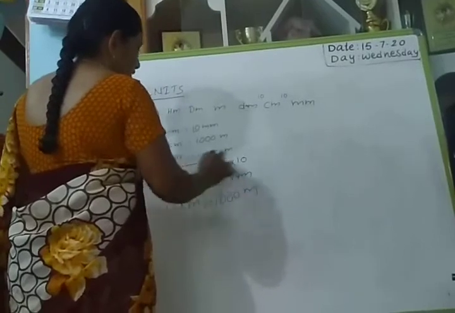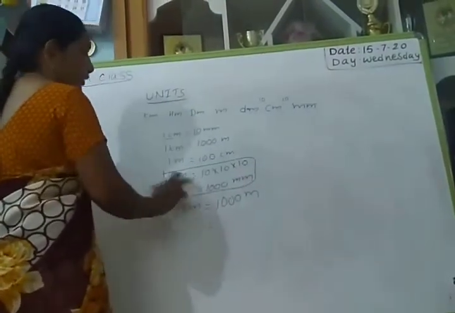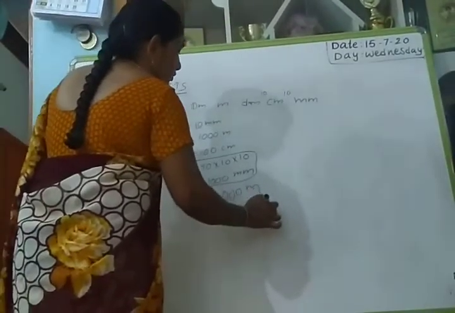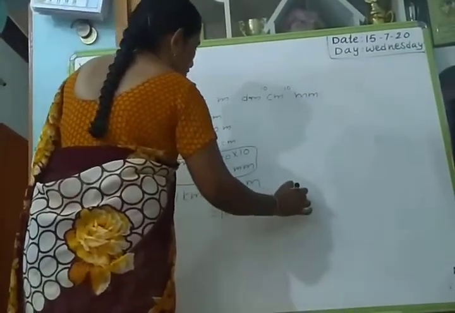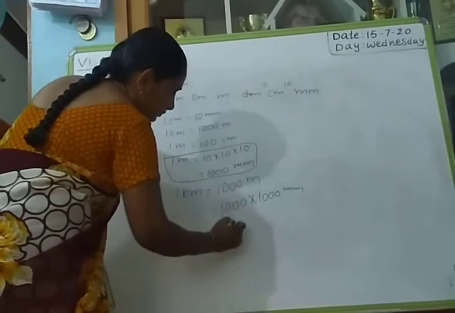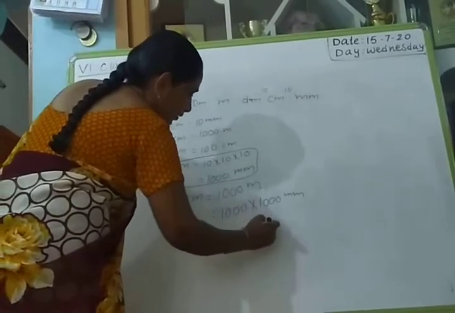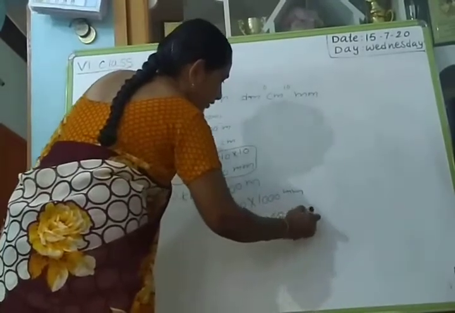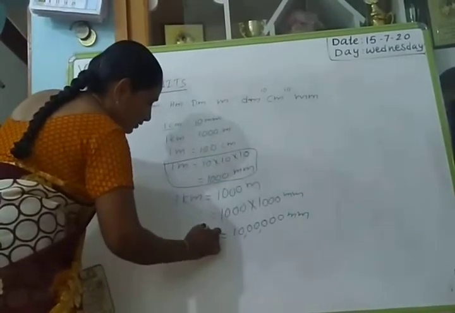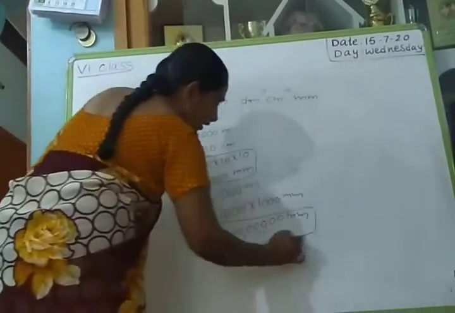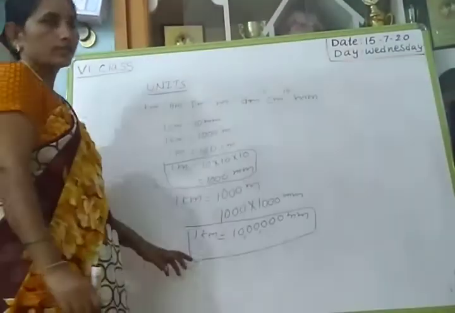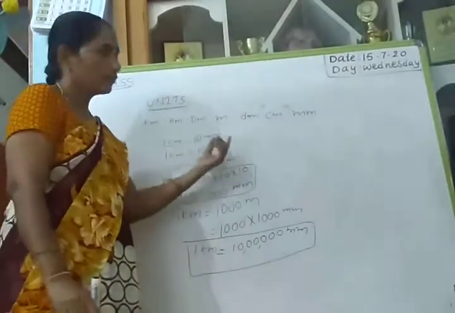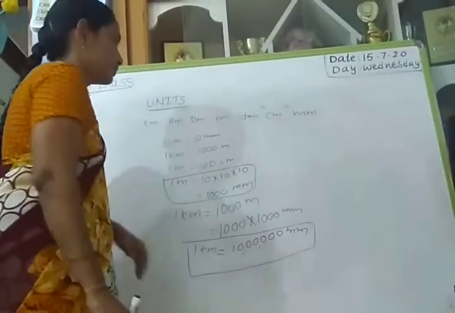Again we know 1 meter is 1000 millimeters. So 1000 into 1000. What do you get? 10 lakh millimeters. So 1 kilometer is equal to 10 lakh millimeters. Like this, according to their relation, we can find their measurements.